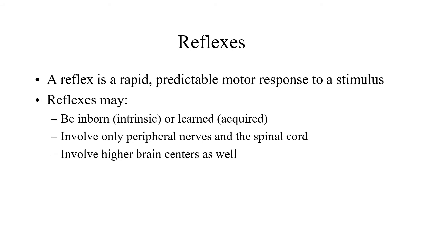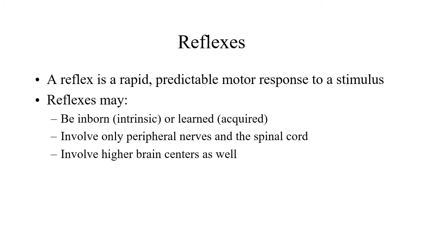So those different levels of control allow us to have reflexes. And so a reflex in and of itself is a very basic process. We've got sensory input, we've got an interneuron potentially for integration, and we've got a motor neuron going out. And this allows us to basically skip going all the way up to the brain initially.